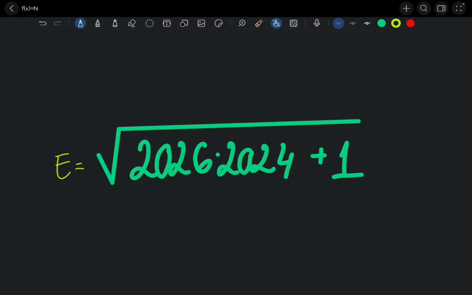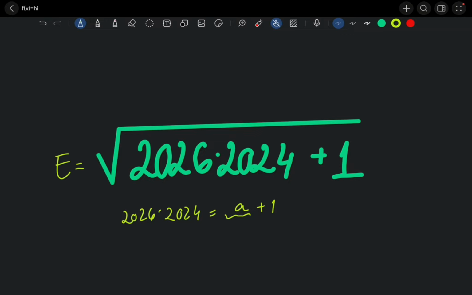Well, an approach is to multiply 2026 times 2024, get some number, add 1, and decompose the new number into its prime factors and go from there.